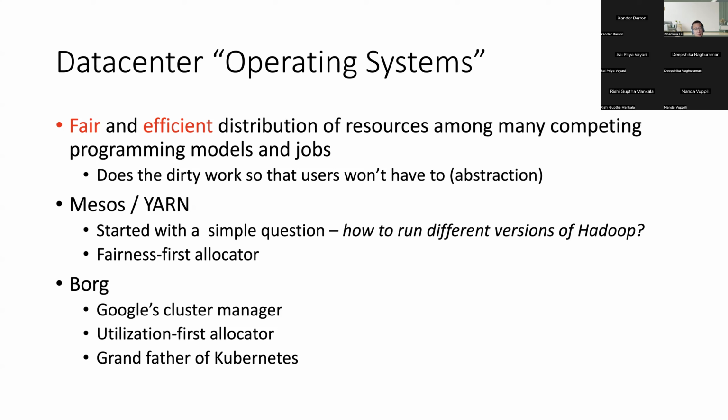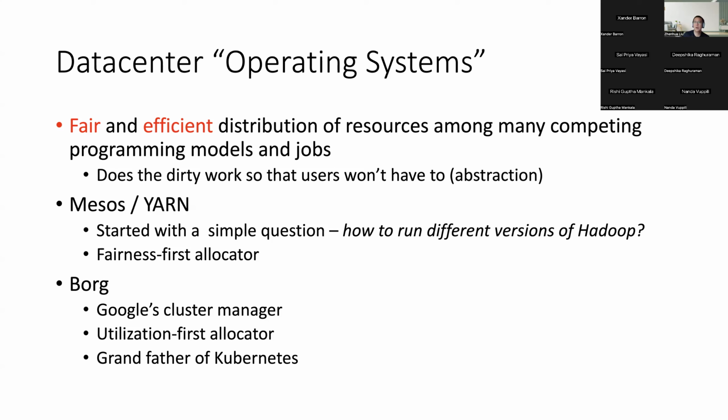And Google's operating system is Borg, right? You can consider it a cluster manager. The goal here is a little bit different. Instead of worrying about fairness as the most important objective, they now worry about utilization, because they already purchased the servers, right? Of course, we want high utilization. You can do the calculation, right? Normally data center utilization is probably only 20 to 30%. If you can double that, that means you can cut in half the number of servers you need.